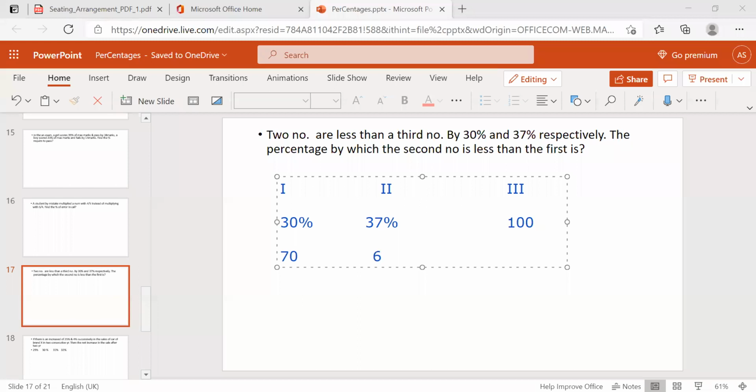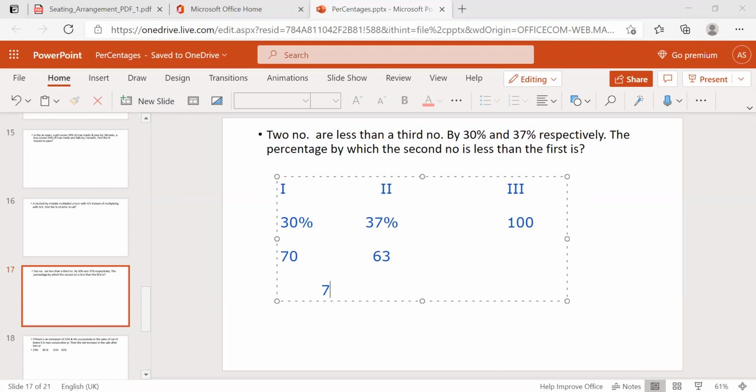It's 63 now. Now what are they asking here? What is the second number less than the first number? Compared to the first number, how much less is the second number? We know that we are finding a part of a number with percentages, right? Now just see here, how much is the difference between the second number and the first number? It is nothing but 7, right?